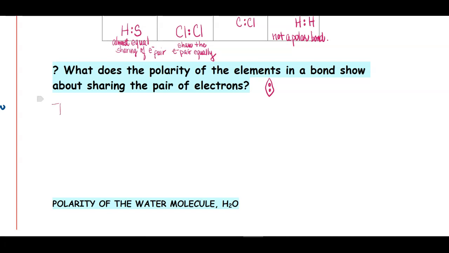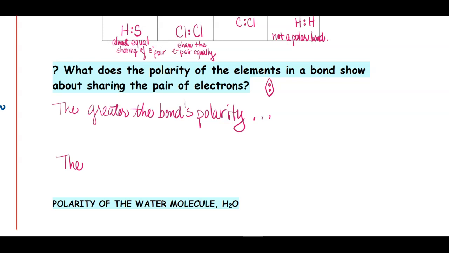What does the polarity of the elements show about the sharing? So, the greater the bond's polarity, dot, dot, dot, that's your prompt. The smaller or no bond polarity means what?